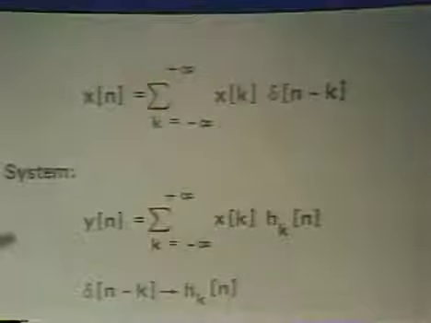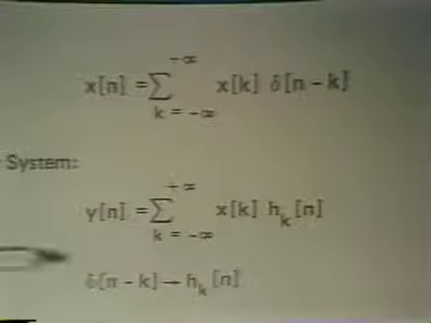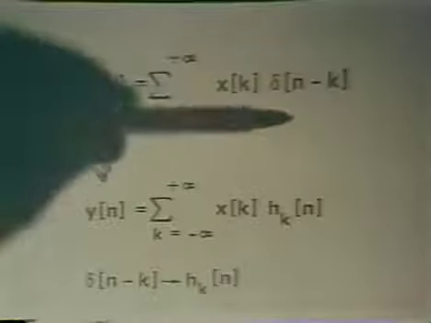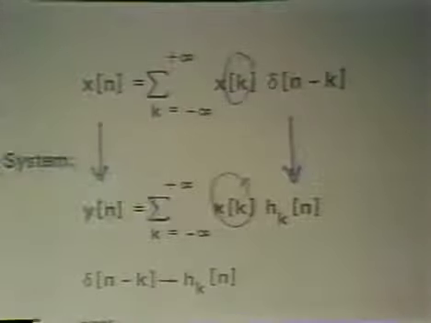So if we denote the response to a delayed impulse as h sub k of n, then the response to this general input is what I've indicated here, where y of n, of course, is the output due to the general input x of n. h sub k of n is the output due to the delayed impulse, and these are simply the coefficients in the weighting.